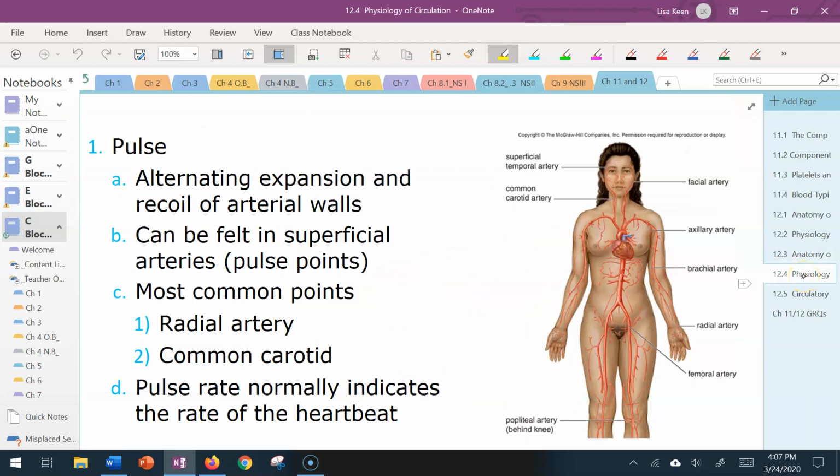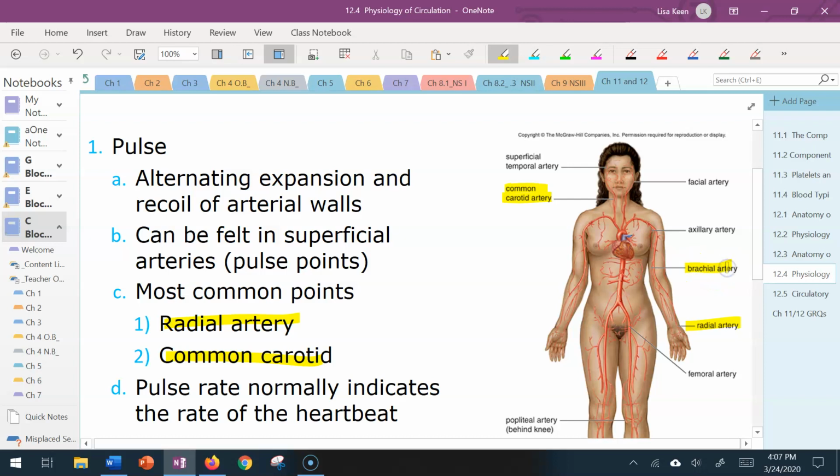So if we come back over here, we can feel the pulse at different pulse points. I like to take it at the wrist, which is the radial artery. A lot of you I've seen in workouts or in practice like to take it at the neck, at the common carotid. Those are two of the most well-known.